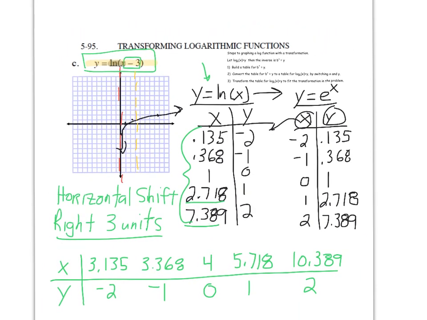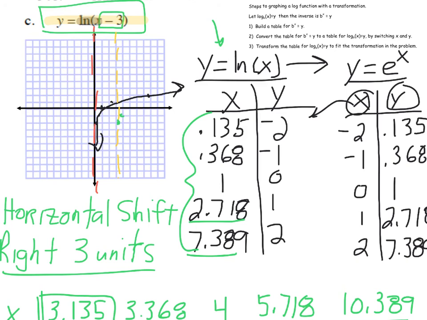Now let's plot these points. 3.135, negative 2. So 3.135, negative 2, it's going to be right in there. 3.368, negative 1 is right in there. 4, 0 is right there. Oops, I have to zoom in. 4, 0.